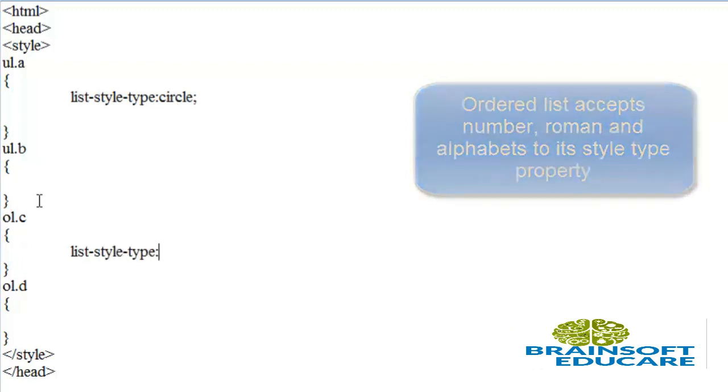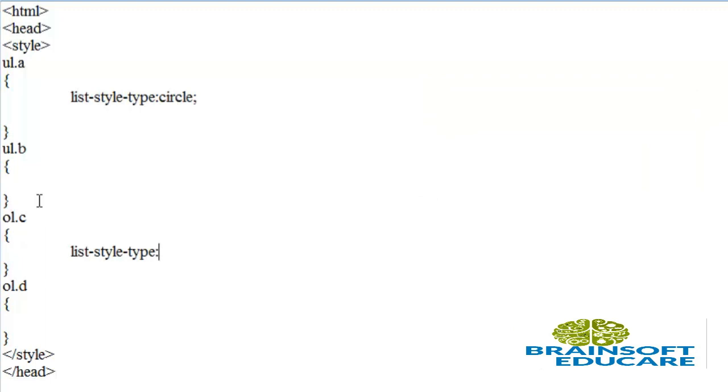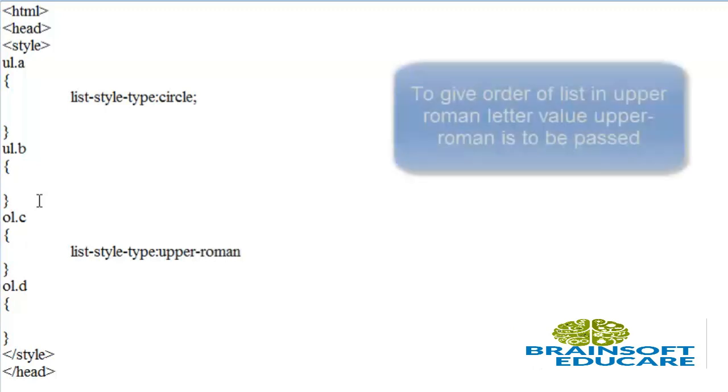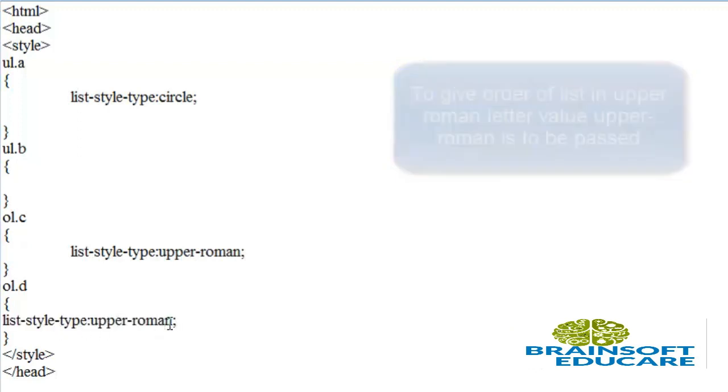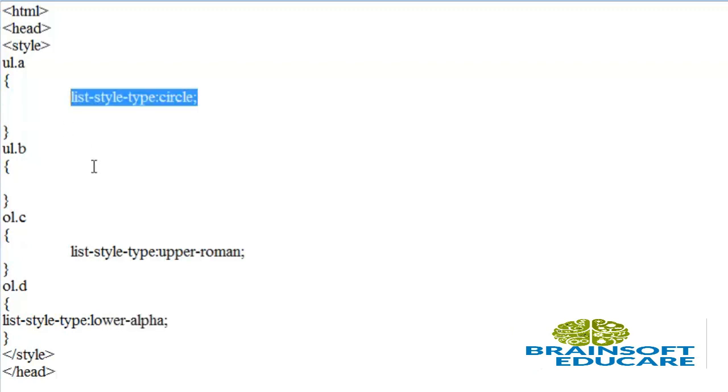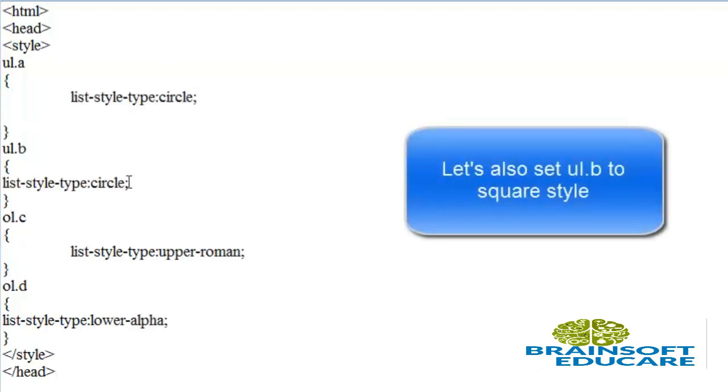If we want to give upper Roman, then I have to pass upper-roman, and for lower alpha, I can use the same property for this purpose, but I have to change the value according to my requirement. So I want to display this list in lower alpha. First set this list B's property to square.